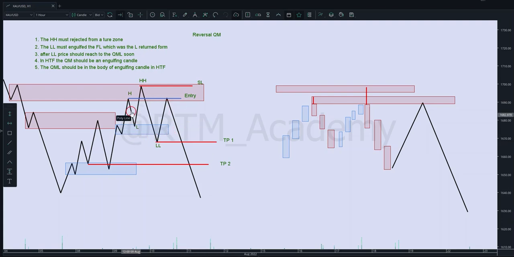The first screenshot should be like this in the lower time frame QM, and the second screenshot should be like this in the higher time frame confirmation.